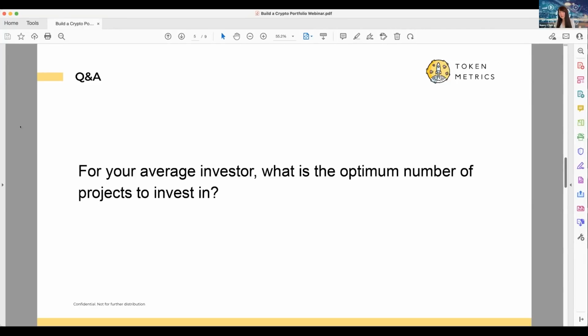So I'll give you a quick answer: it's projects that you understand. If you understand 3 projects, then that's the answer. On a more complex level, you want to have, say, Bitcoin, so you can understand how and why Bitcoin moves, whether you're new to crypto or whether you've been around for a while.